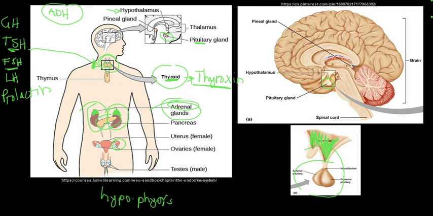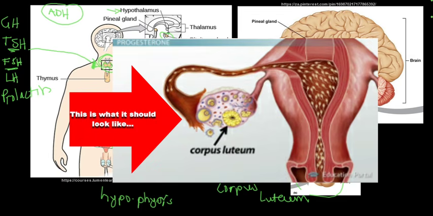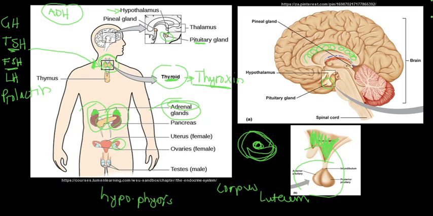Also secreted by the ovaries is progesterone, and that is specifically secreted by the corpus luteum. So I don't know if you can remember the corpus luteum. Don't confuse it now with the corpus callosum of the brain. The corpus luteum is that yellow pineapple-like structure. That's a very horrible drawing of the corpus luteum, but that yellow pineapple-like structure that you would find in the ovaries after ovulation has occurred.